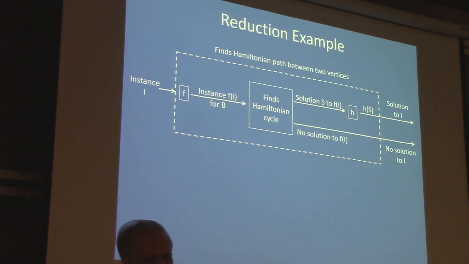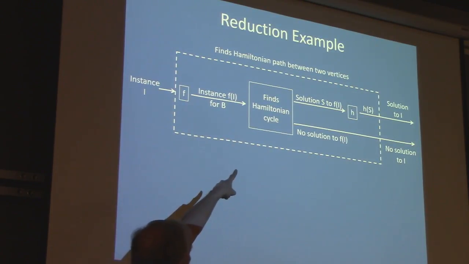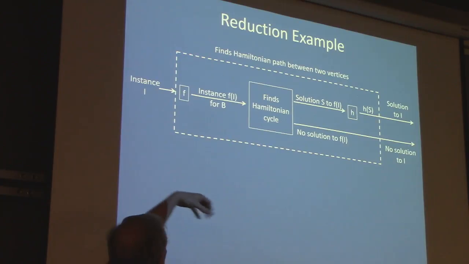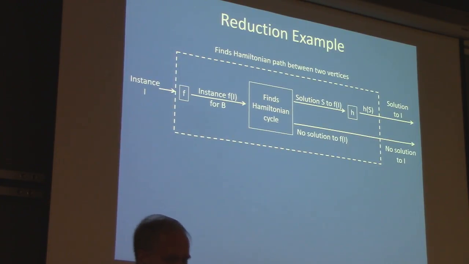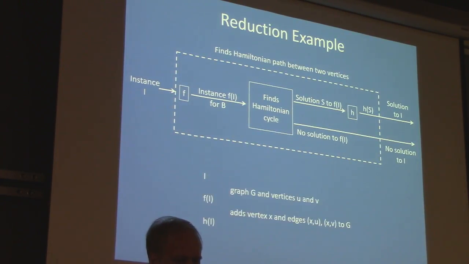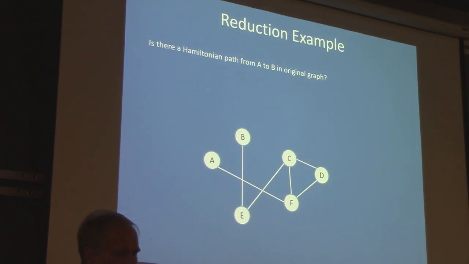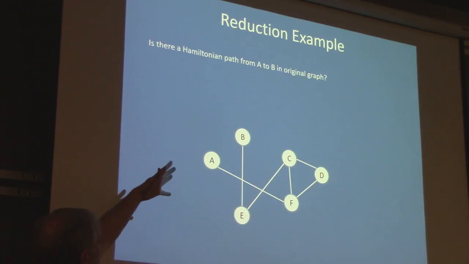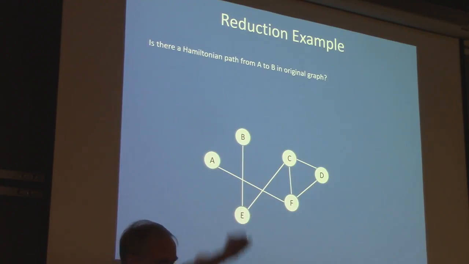So here's the schematic for it. We've got a way to find a Hamiltonian cycle, and somehow we've got to trick it into finding paths for us. So we want to know if there's a Hamiltonian path here.